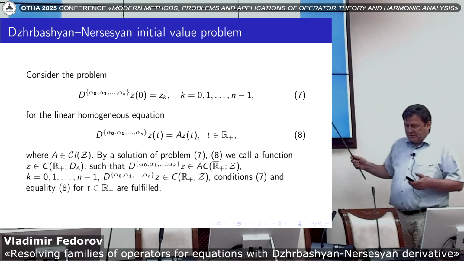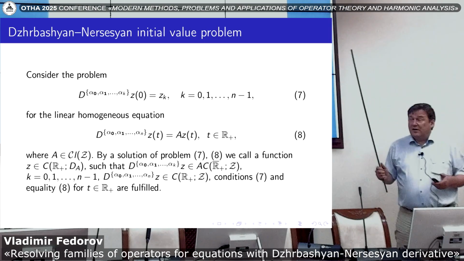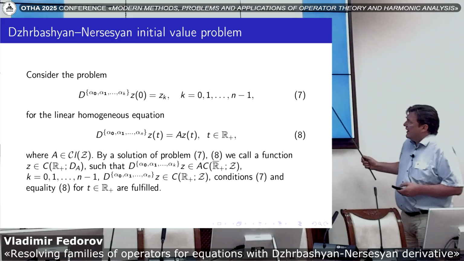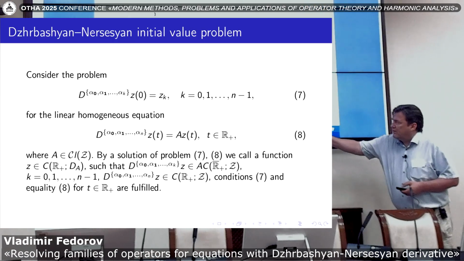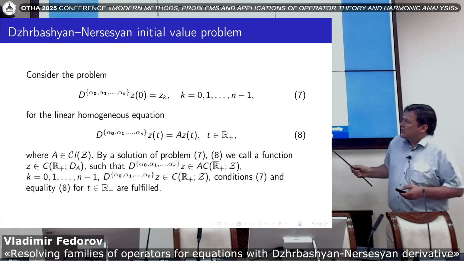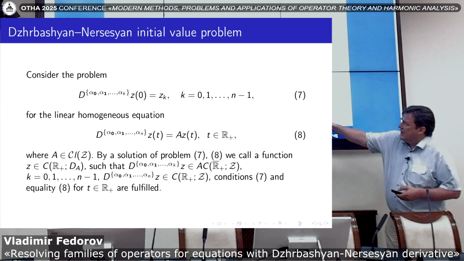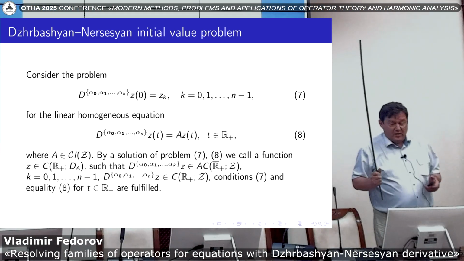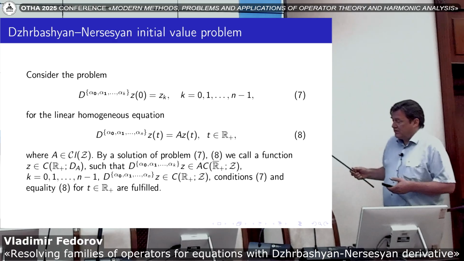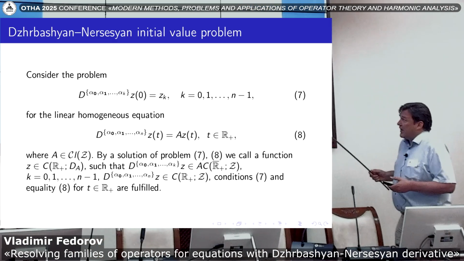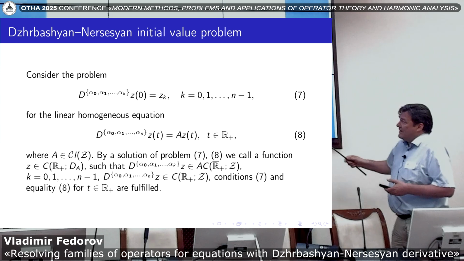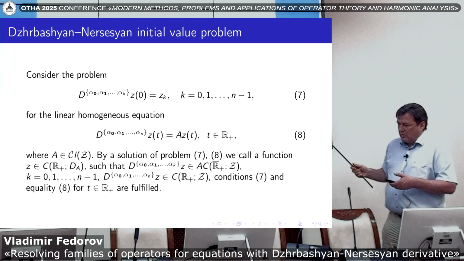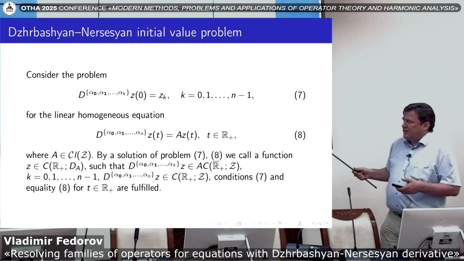But Dzhbashan and Nersesyan in their work call it the Cauchy problem. 7 for equation 8, where here we have the Dzhbashan-Nersesyan fractional derivative as the oldest, and in the initial conditions younger Dzhbashan-Nersesyan fractional derivatives are used, and these derivatives are associated with the same set of alpha k.